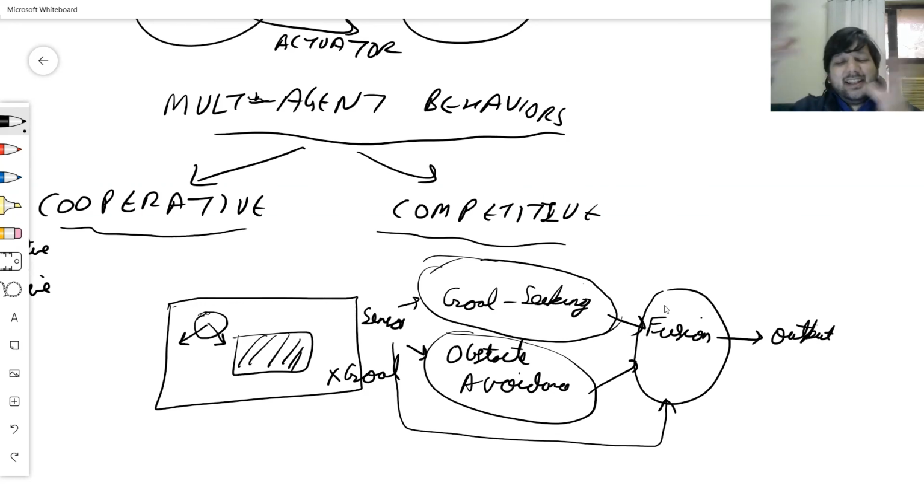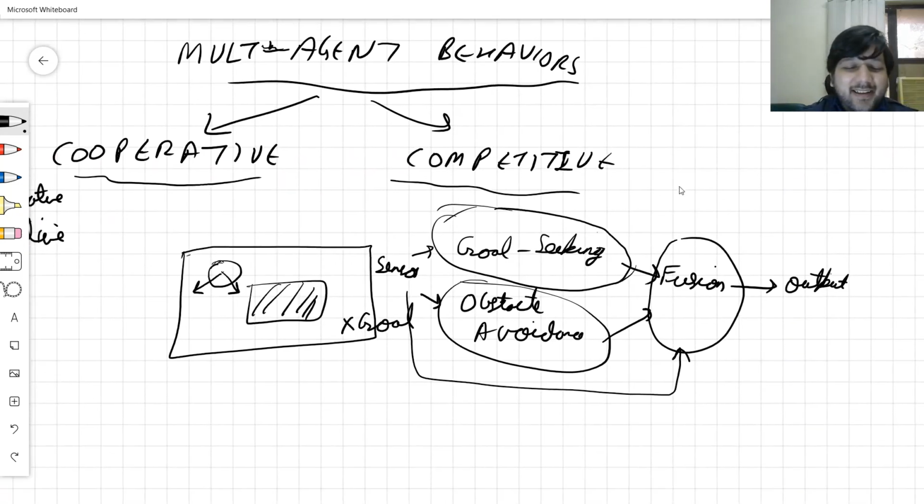Sometimes it does a selection that okay, in this type of situation this behavior is good to display, and sometimes all it says is that out of all the behaviors only these behaviors are valid. Like there may be that aggression behavior, it's not there because punching is a behavior when you find your enemy, and out of the behaviors which are active, then you decide that okay, let me take a fusion or a selection that is context aware.